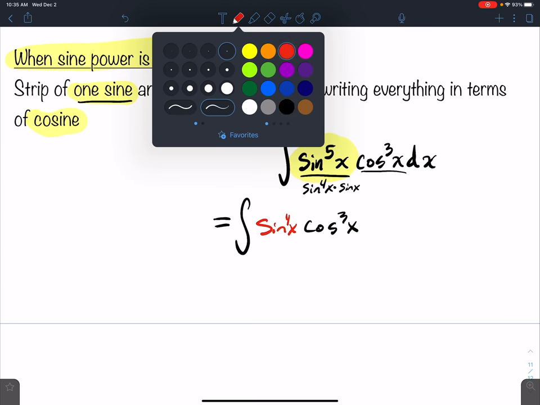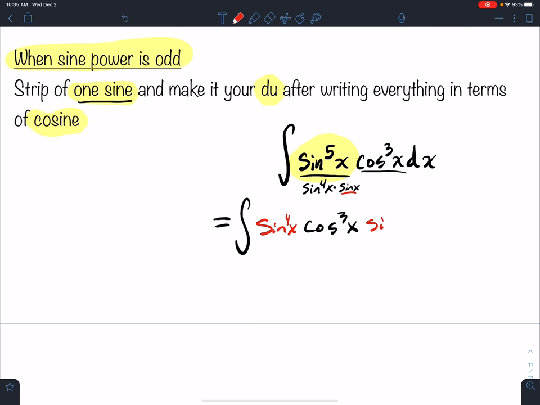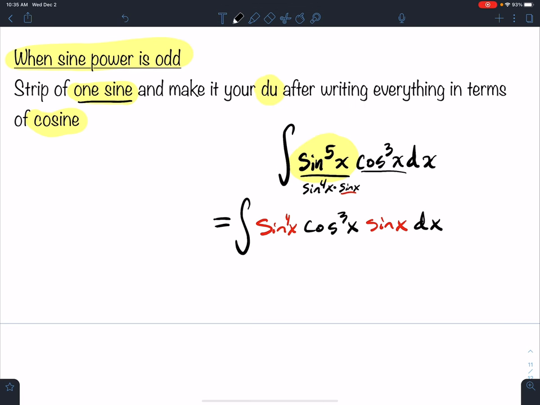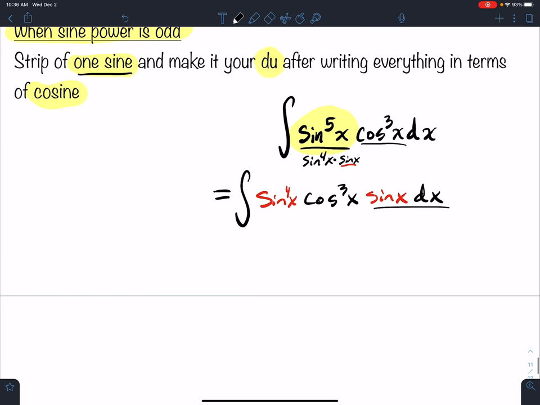But then I'll also have my other sine x that I stripped off, and I put that with my dx at the end, okay? So I've stripped off one of the sines away from my sine to the fifth x, and I put it over to the side with my dx. That's going to be my differential.